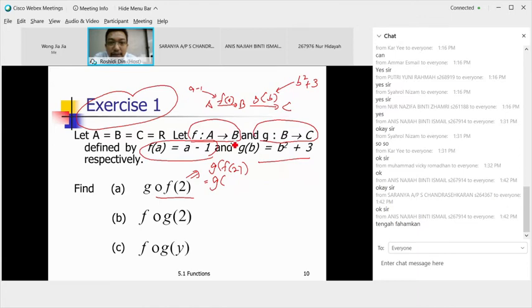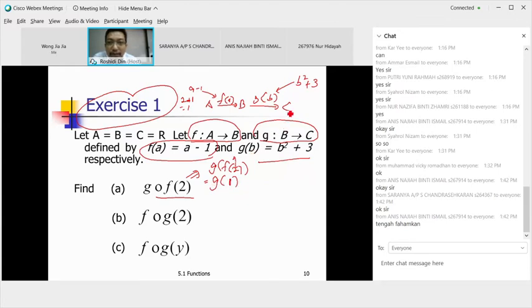So we change, actually this is A. It will be 2 minus 1. 2 minus 1 will be 1. So here the answer will be 1. These two refer to this A. So 2 minus 1 will be 1. So this one will be the value G of 1.